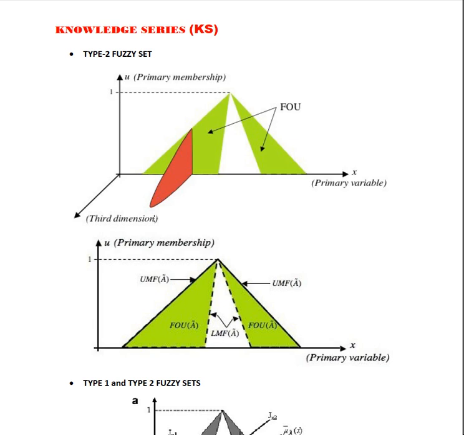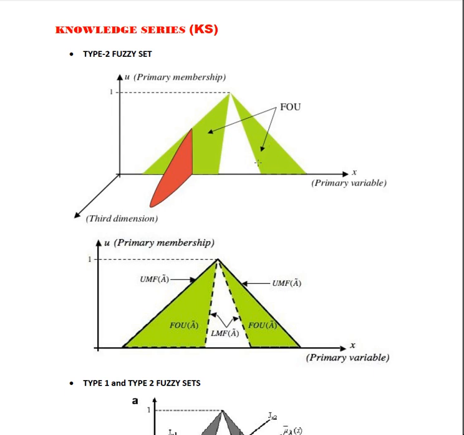If you look at this type 2 fuzzy set, the third dimension is normally ignored, and only the footprint of uncertainty is kept, because this third dimension is sitting on the surface of this area, called the FOU. So we normally ignore it and take this FOU into consideration to do the analysis further.